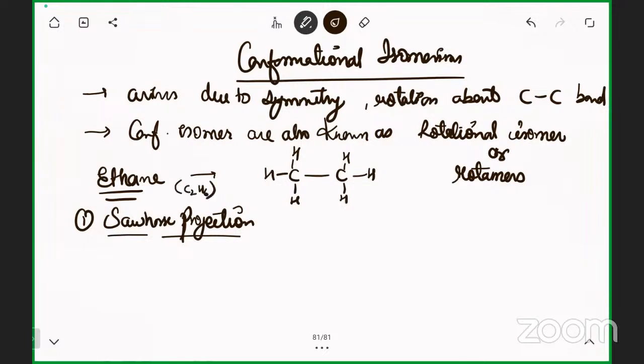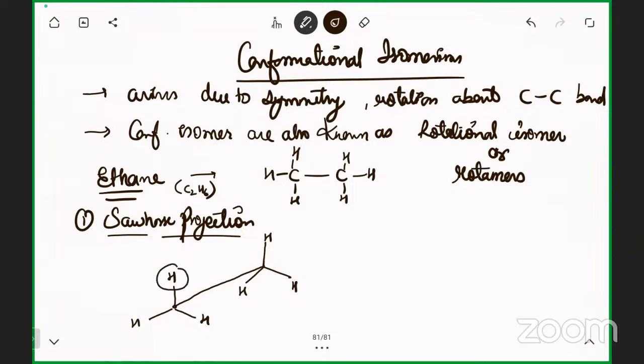If I make a sawhorse projection, you don't have to show the mid carbon. Just make a tilted line. This is the back carbon. We have one hydrogen here, one hydrogen here, hydrogen, hydrogen, hydrogen of the second carbon, hydrogen, hydrogen, and hydrogen. You can imagine this in 3D.